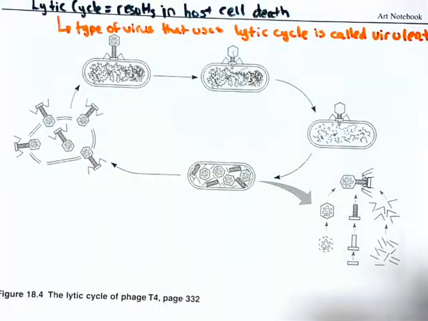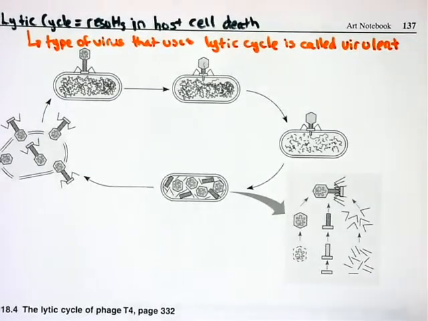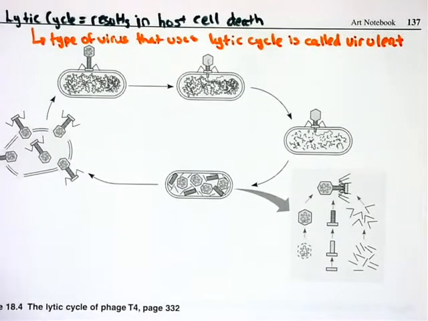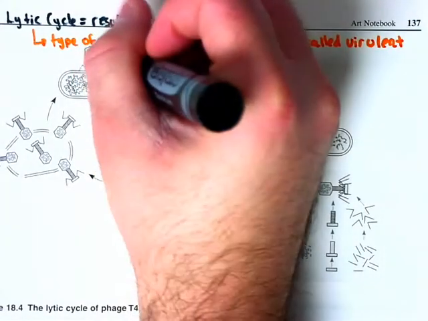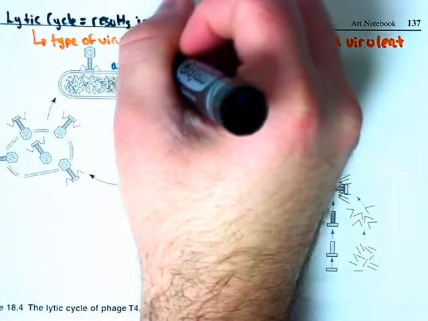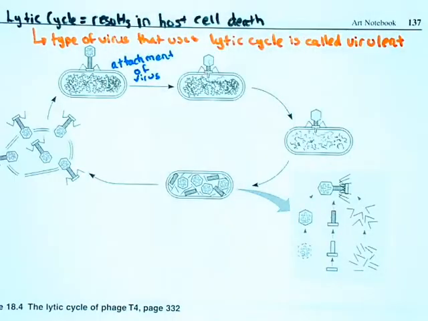Virulent. The virulent phage results in the death of the host cell. Okay. So in this drawing, you can obviously, right here, see there would be an attachment phase. And that's attachment of the virus to the host cell.